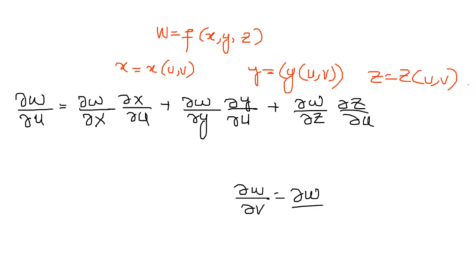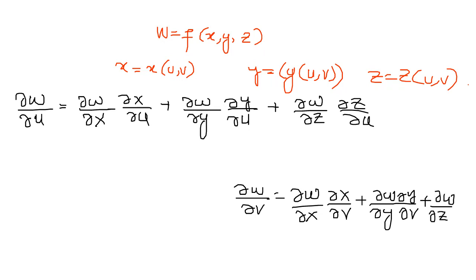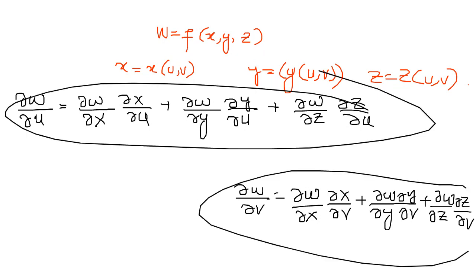Similarly, the partial derivative of w with respect to v is the partial of w with respect to x and x with respect to v, plus w with respect to y and y with respect to v, plus w with respect to z and z with respect to v. So these are the two formulas when you have the three variable function.